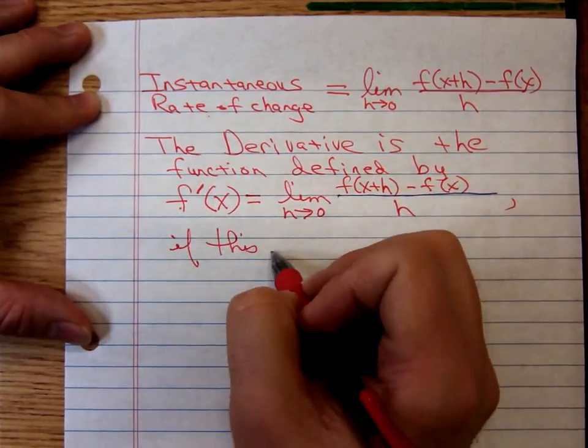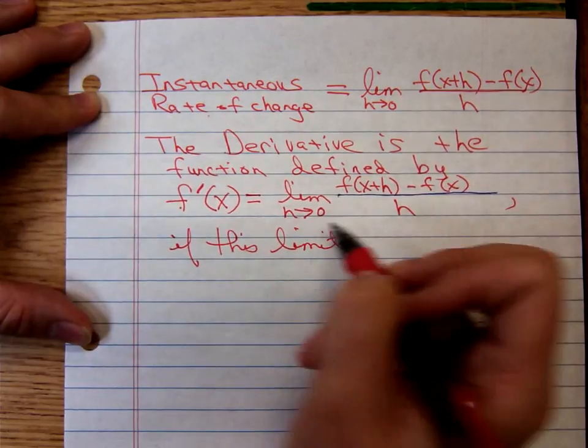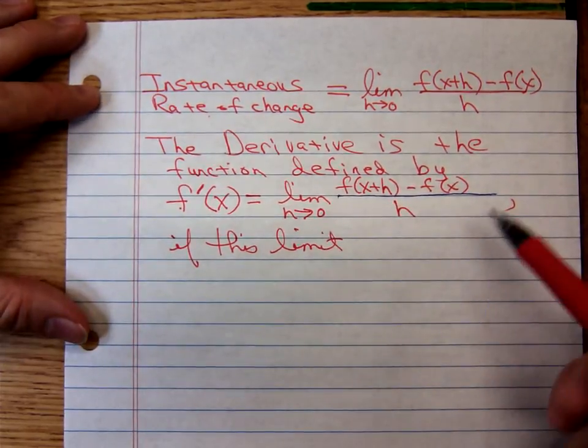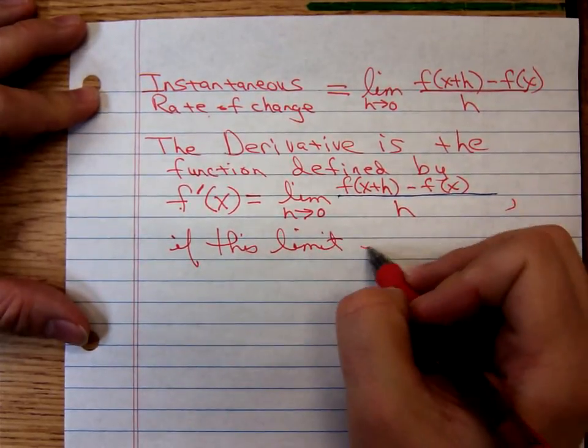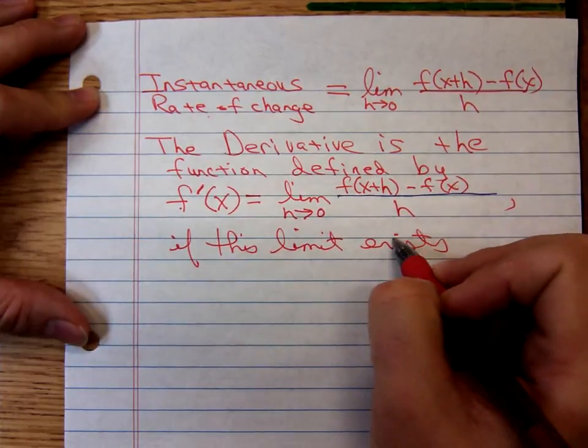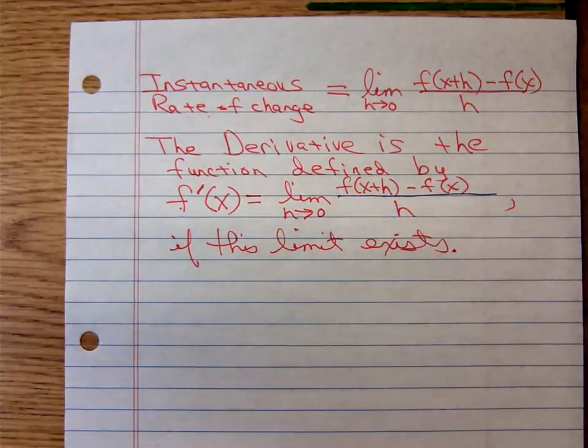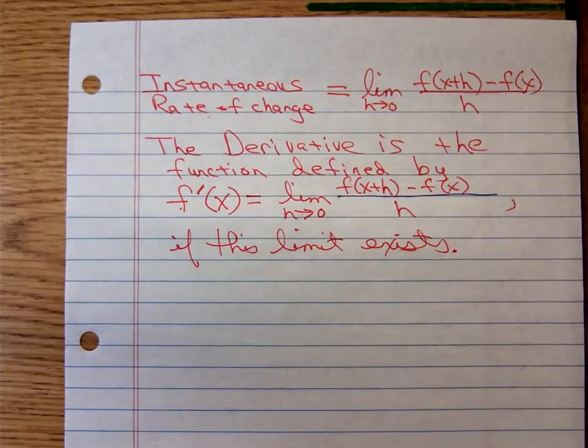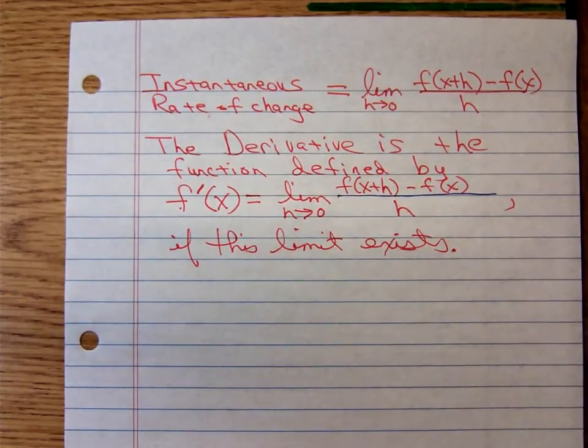Remember, we saw plenty of problems where the limit didn't exist, so it wasn't a number. If this limit exists. And there are some applications for the derivative that we'll be seeing in the following homework assignment.